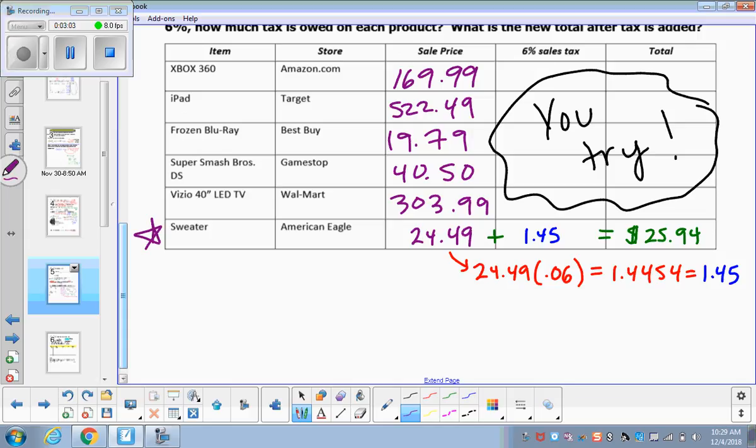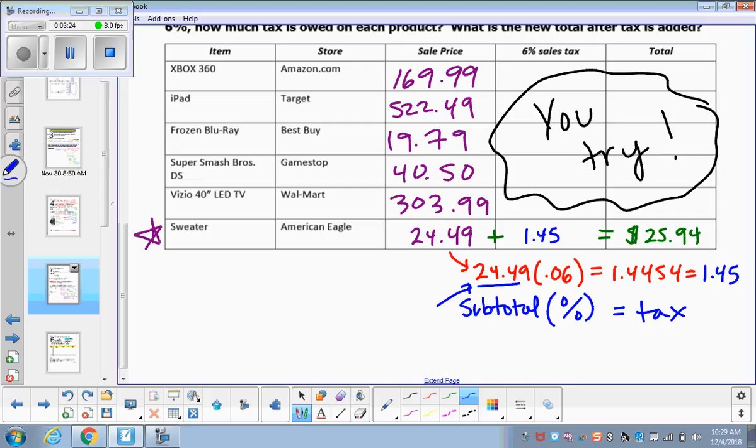At this point, we have to calculate a 6% sales tax. All we do is take the subtotal, which is the $24.49, and multiply it by the sales tax percent as a decimal, and that gives us the tax that we owe.